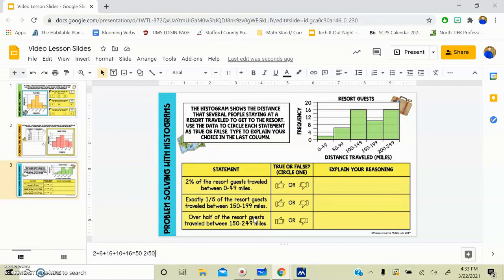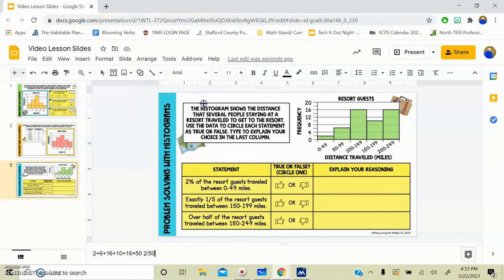I get 0.04. So then I'm going to multiply this by 100. This is going to give me the percentage of guests who traveled from this mileage, and that actually gives me 4%. So is this true? No, this is not true.